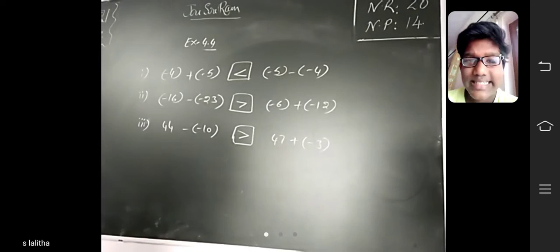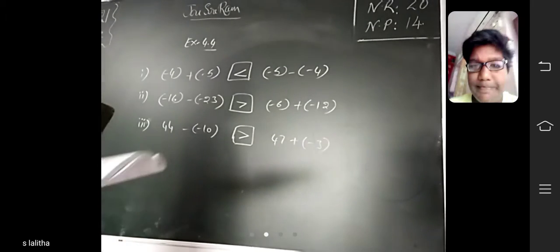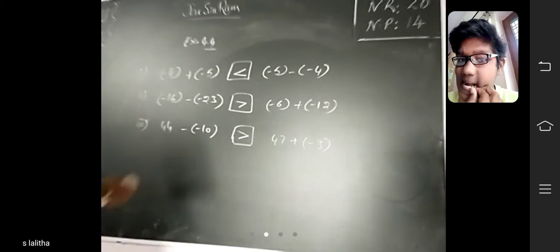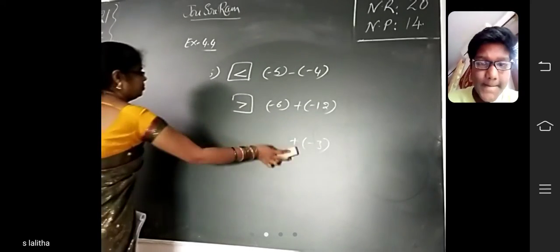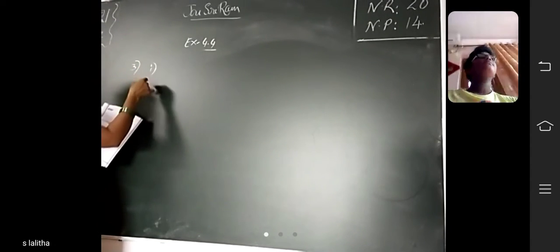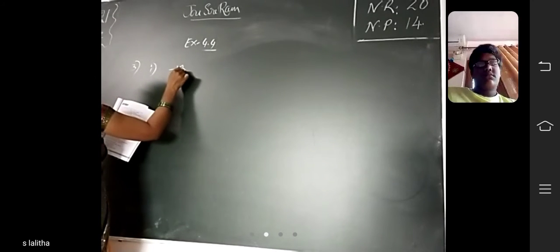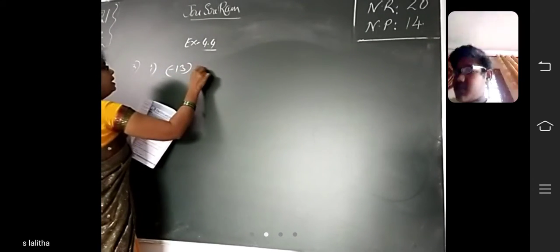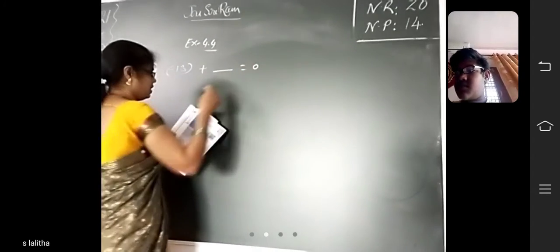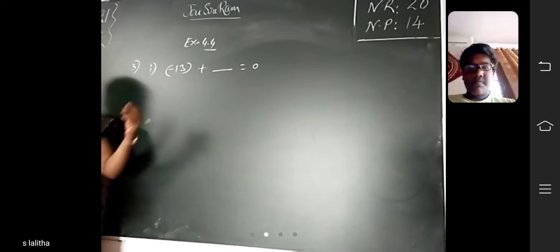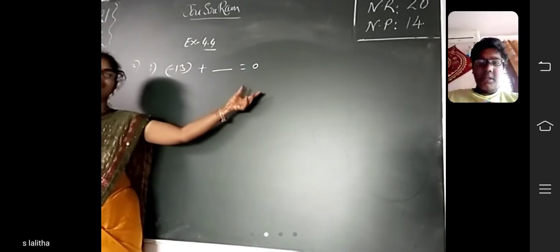Next one, see, fill in the blanks. Third one. -13 plus dash equal to 0. -13 plus dash equal to 0.